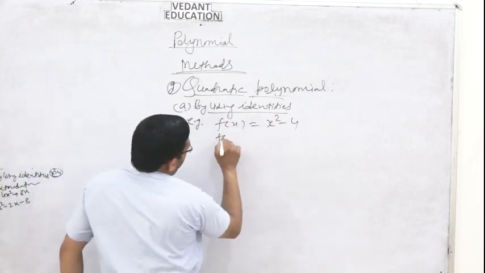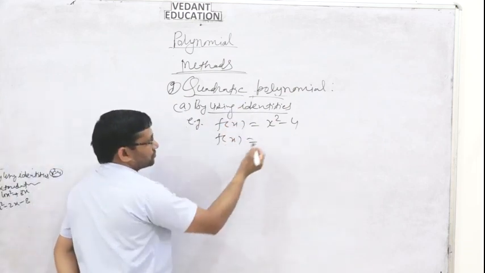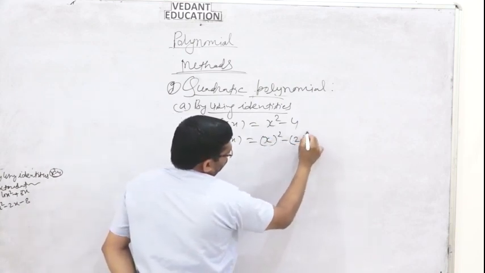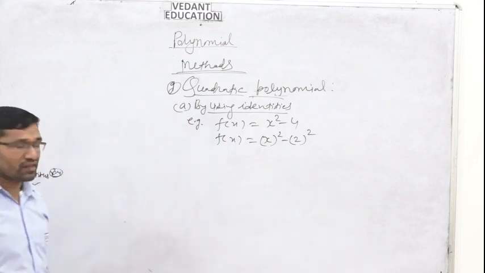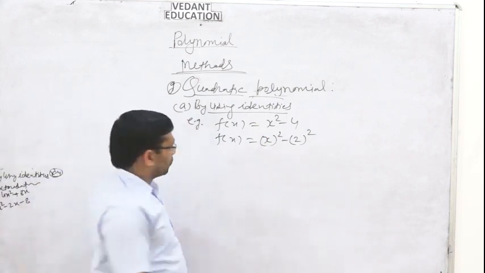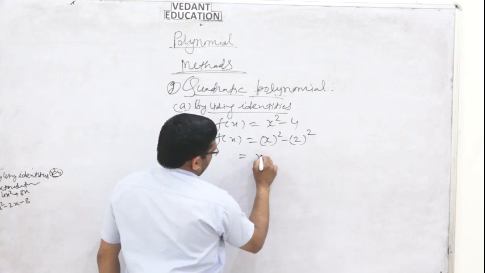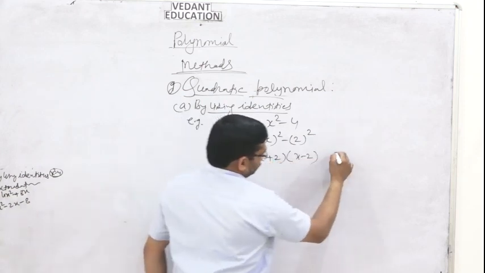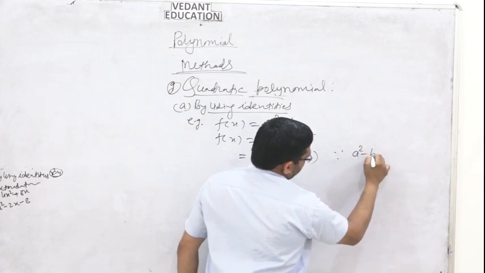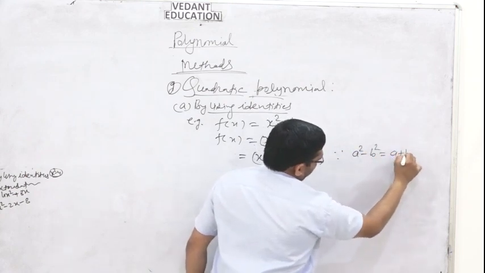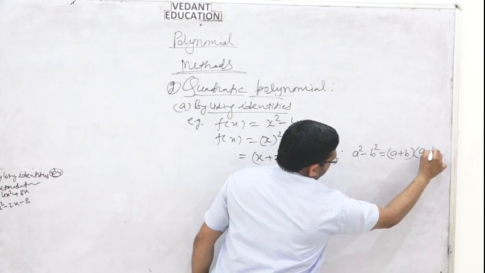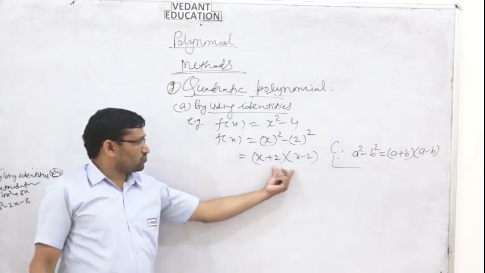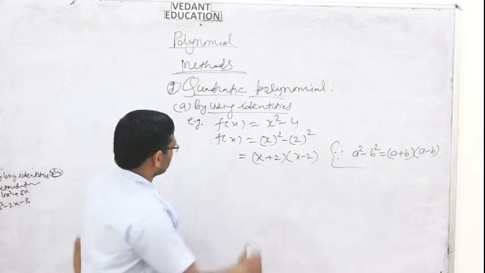So by identity we can write f(x) is equal to x square minus 2 square. That is, we can write (x plus 2)(x minus 2), because a square minus b square is equal to (a plus b)(a minus b).